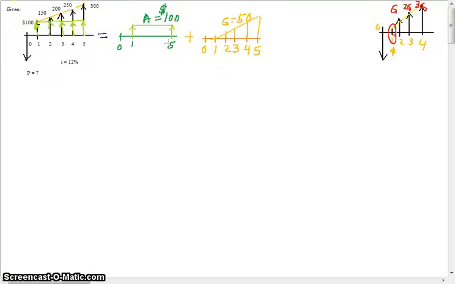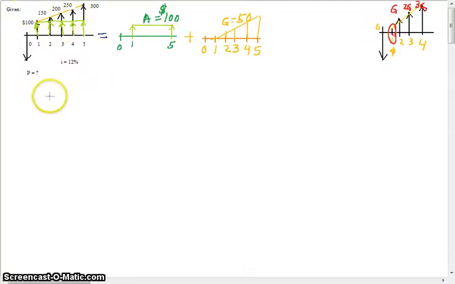In year 5, we'll have another 150 plus our 100, and that will give us 300 at that point. Okay, so from this, we should be able to write our equation for this problem to solve for P. And you'll see that it's 2 parts. It's broken out into the uniform series, the green portion, and then the yellow-orange portion is our gradient portion. So let's write what P is.